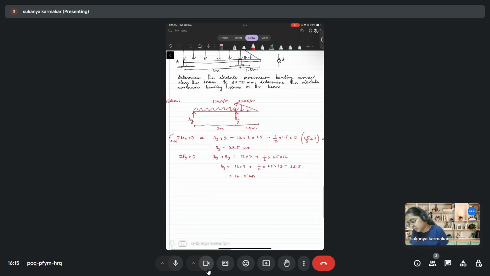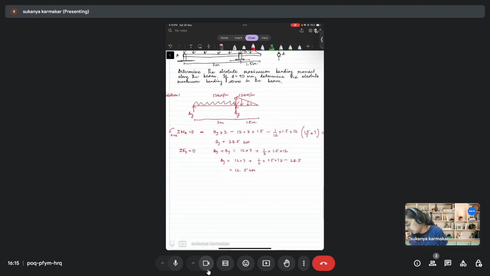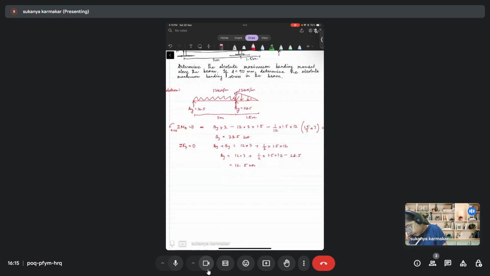So AY is 16.5 kilonewton and this is 28.5 kilonewton.